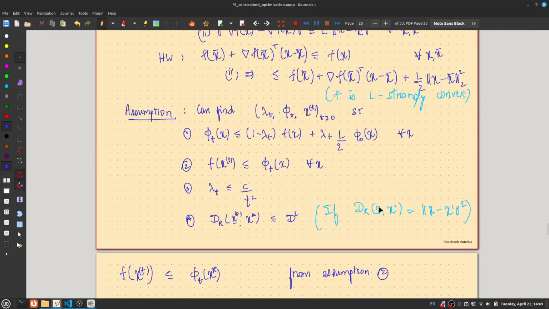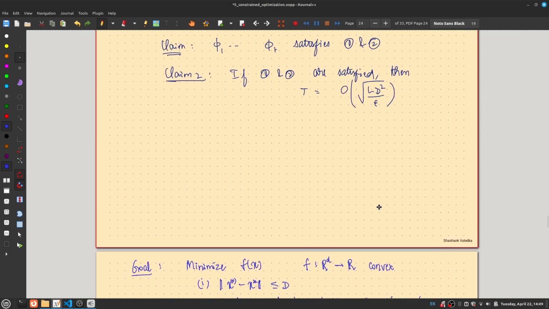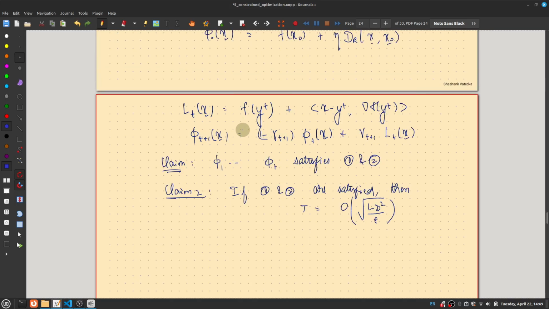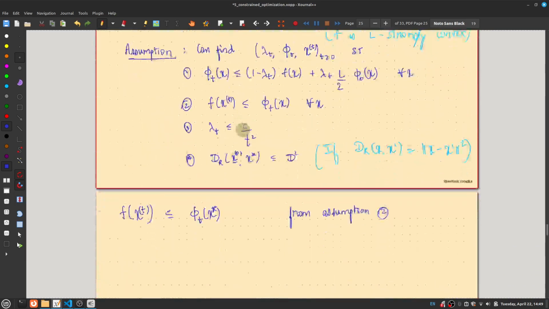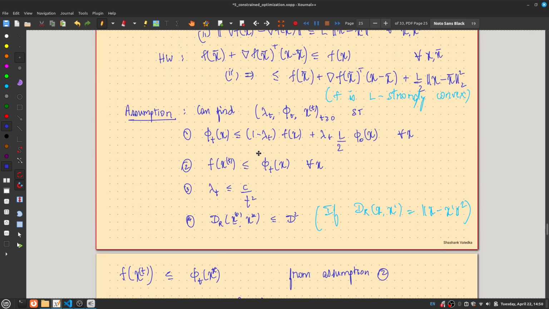So have phi t of x is less than or equal to, just do that. So this is less than or equal to 1 minus lambda t f of x star.